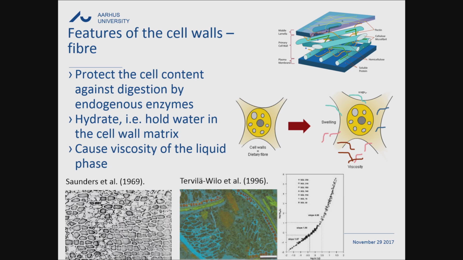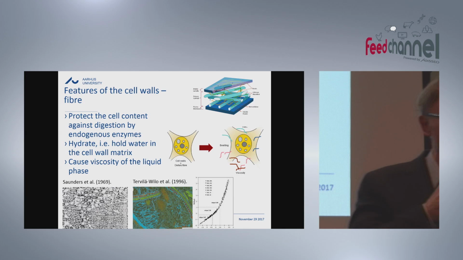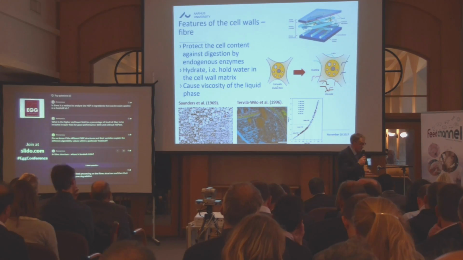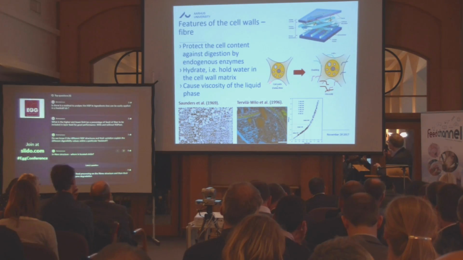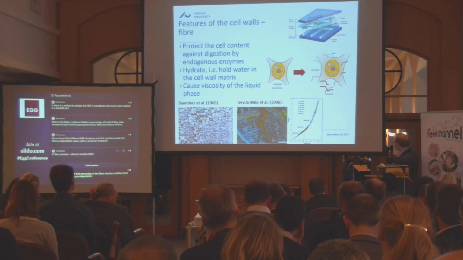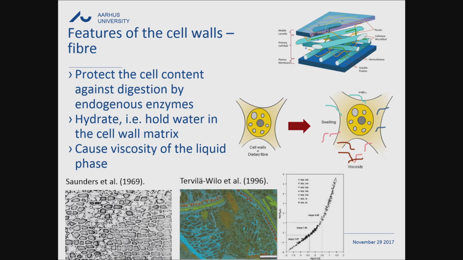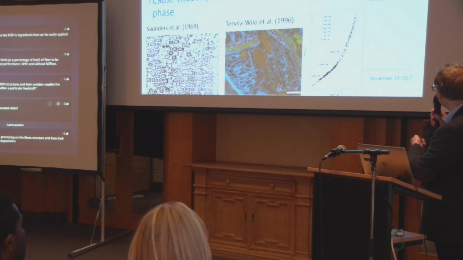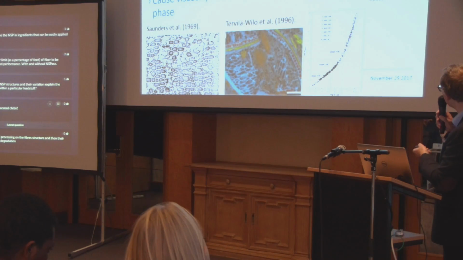And very much depending on which type of polysaccharides build up the cell wall structures, they will have a different impact on the viscosity of the digesta. You can say that the effect of the polysaccharides leaking out into the liquid phase will depend on the size, that means how big the molecules are, and also how much of it is leaking out.